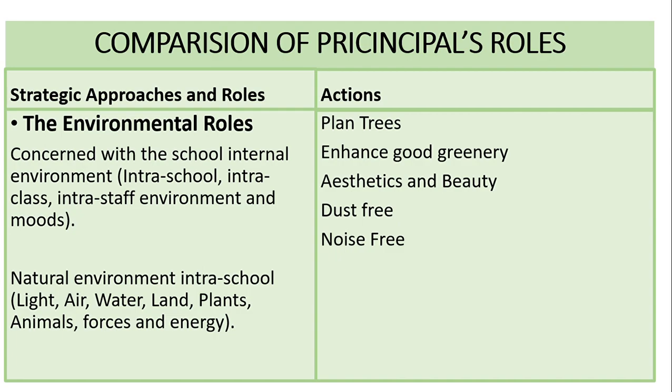But also they have the internal natural environment. In the internal natural environment, you're looking at the environment of the school in like 8 aspects. One of the aspects is light.